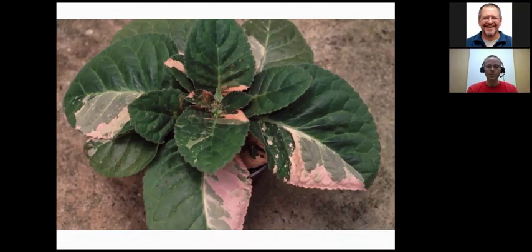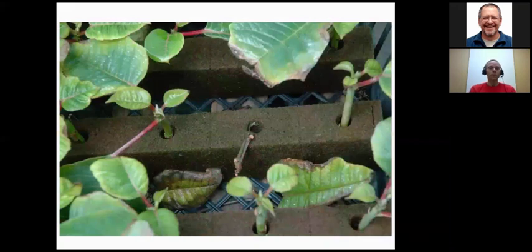Another example here, this is a genetic disorder where, again, we don't have that symmetry in the plant, so we know that it's probably not an abiotic disorder. It's not a nutrient deficiency or an environmental problem. Just going through a lot of examples here to get that repetition so you guys start to recognize this.